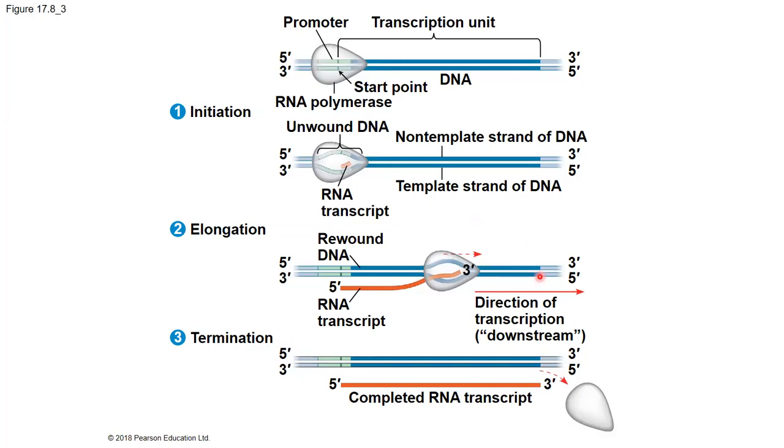At the end of the gene, we have a region called the terminator, which will tell the RNA polymerase to stop transcription. We have the transcription unit, which contains the DNA sequence that will be transcribed into mRNA.